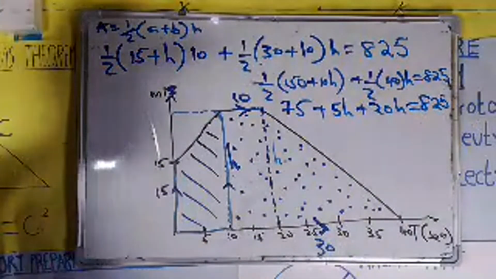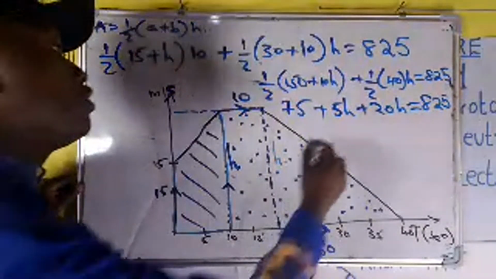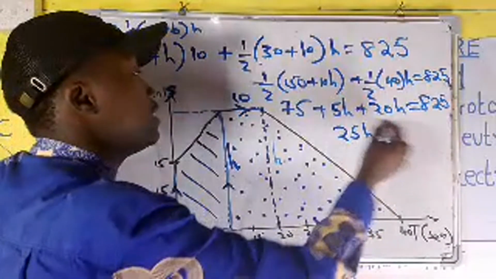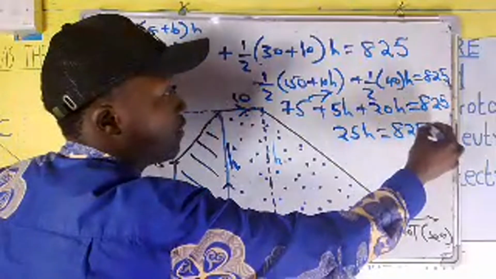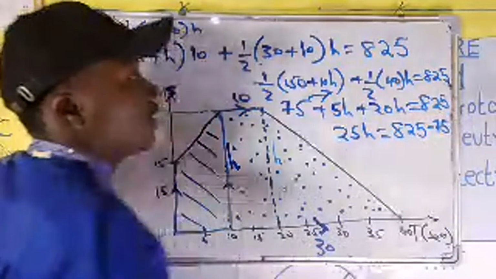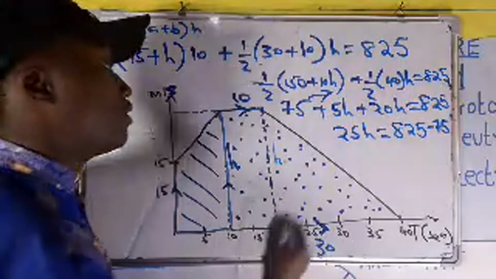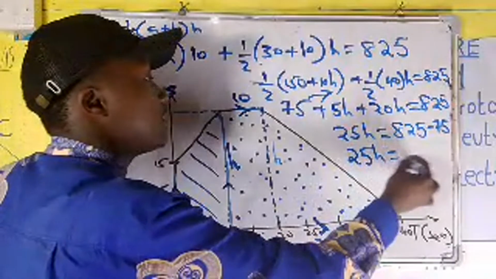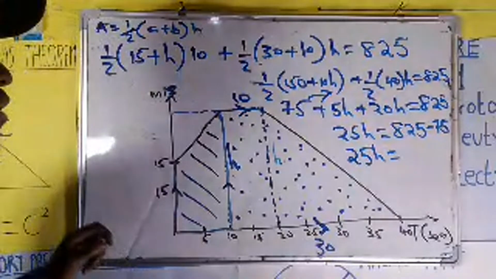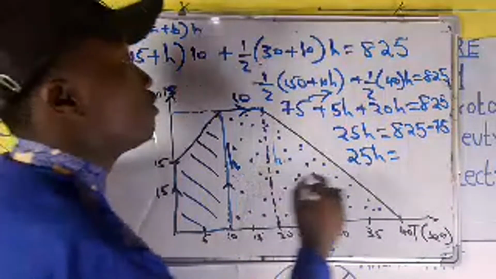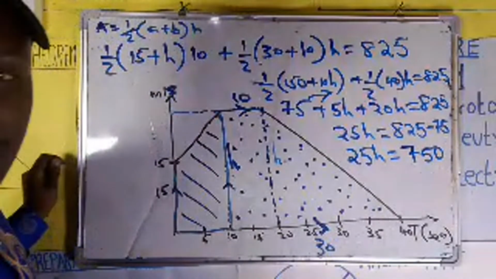We can now put our like terms together. 5h plus 20h is 25h, equals, we take this to the other side, 825 minus 75. 825 minus 75 is equivalent to 750.